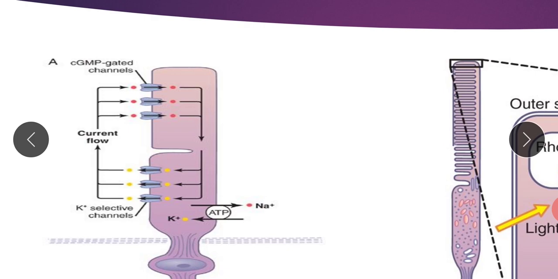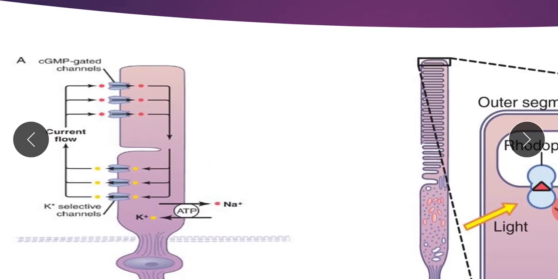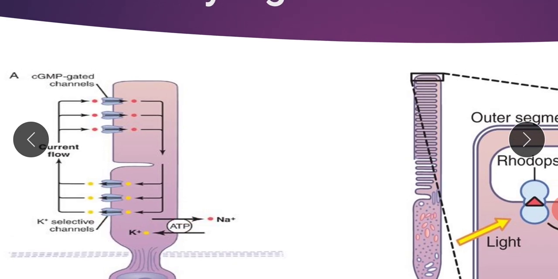In the inner segment there are non-gated potassium channels which are open, and they expel the potassium outside. You can see the potassium coming out from the channel. This one is the pump, this one is the channel. I think now you are aware of the sign. This type of sign suggests the pump, which means active transport. This is a channel, suggesting passive transport from higher concentration to lower concentration.